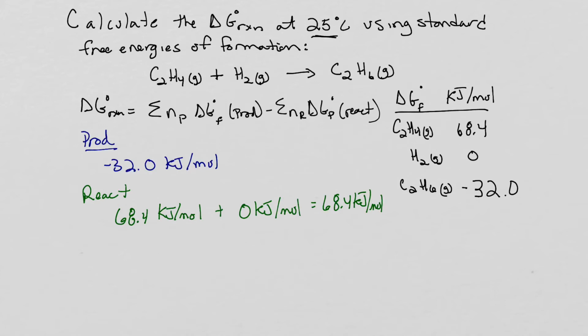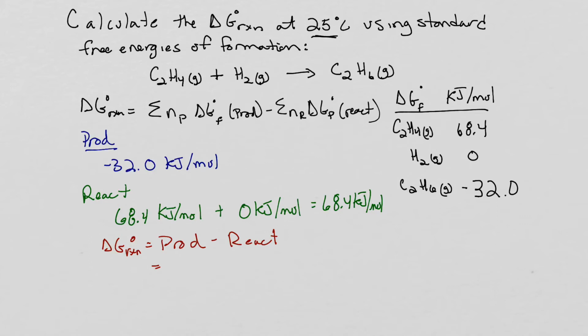And so now if we do our products minus reactants, it's going to give us our delta G of reaction.